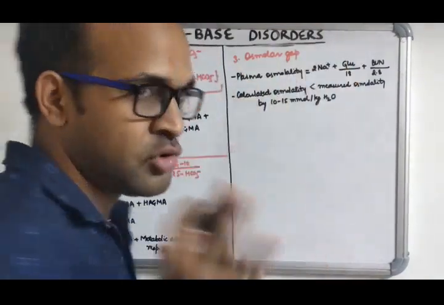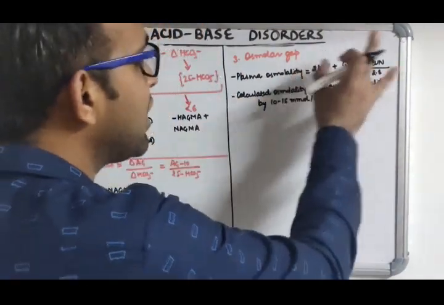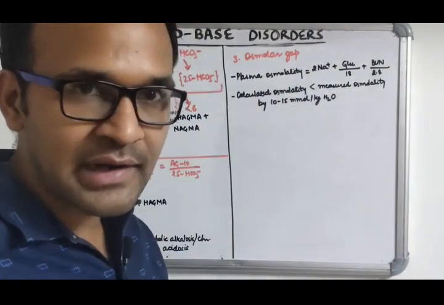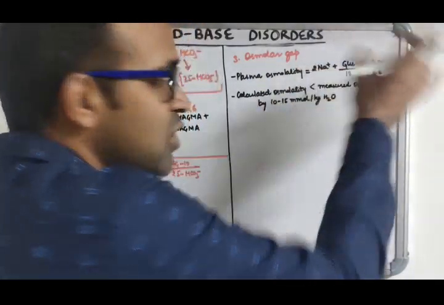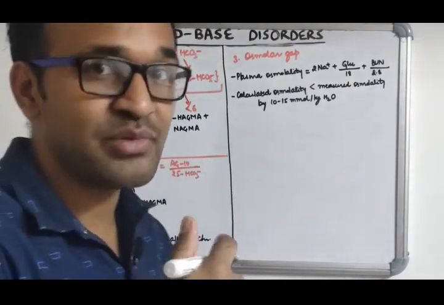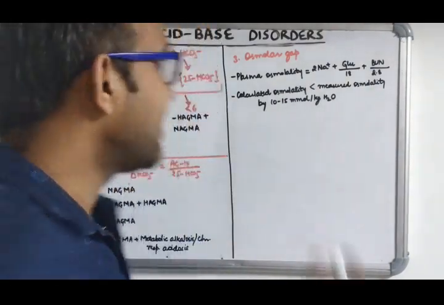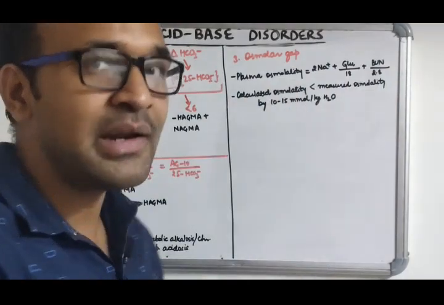Normally we assume that they contribute to the osmolality by and large, but if there is an accumulation of other osmolytes, the measured osmolality will be more and the calculated osmolality would be less.